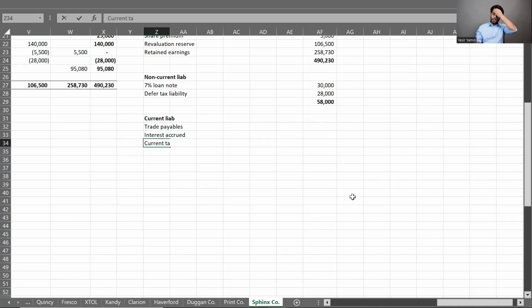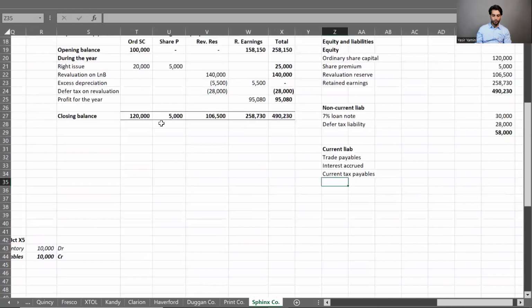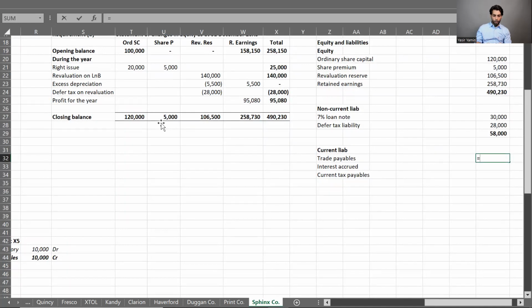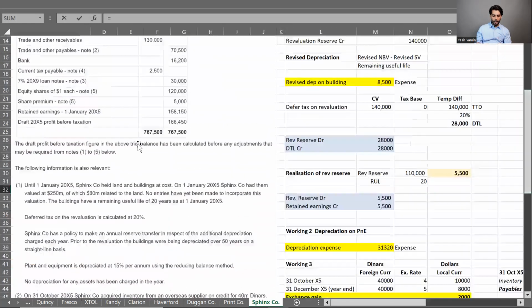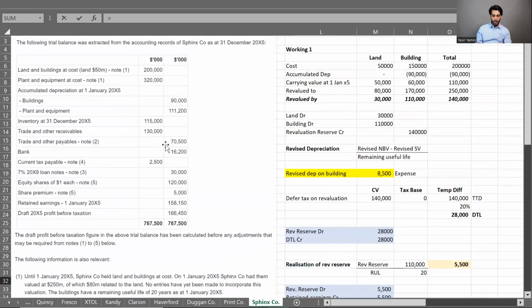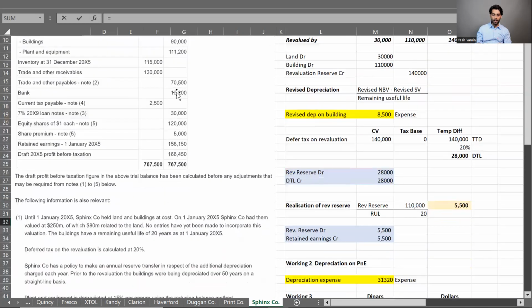And anything else, I don't remember. Trade payables, I'll just write it down. You had some trade payables of 70,500.